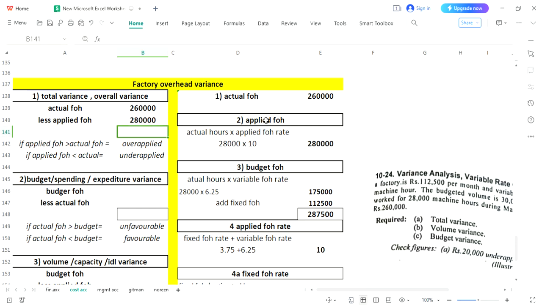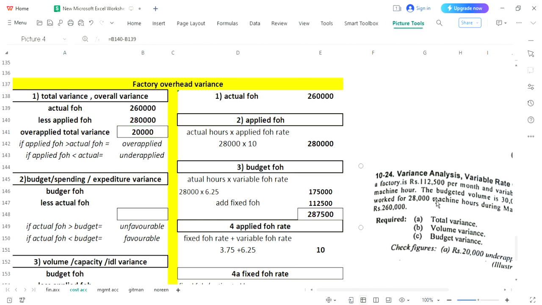It's time to calculate the variance by taking the difference between actual and applied. Applied was 2,80,000 and you need to subtract 2,60,000 so that you can calculate the difference. The difference here is 20,000. Variance has been calculated. It's time to conclude. Applied FH was 280 and actual was 260. So applied is more. It would be called over applied total variance. Okay, first variance we have calculated.